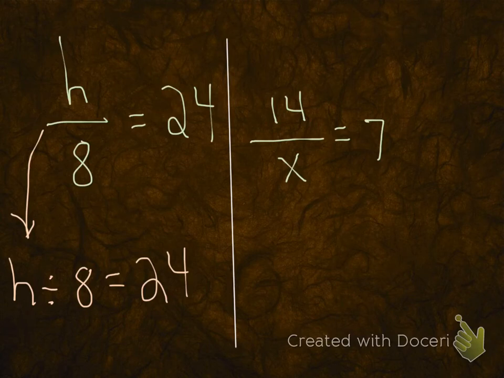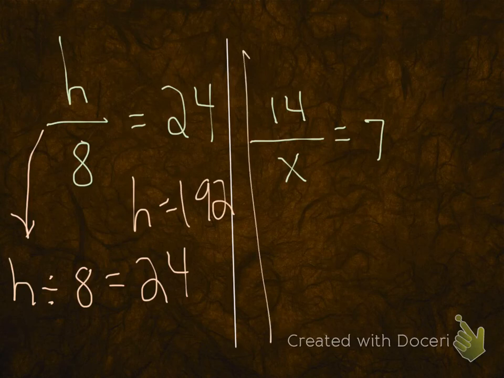Actually, I think I wrote this one a little differently than I wanted to, because this is going to be a huge number. It'd actually be h equals 192. Okay, that's a little more advanced than I wanted to do. Let's look at the second one instead. My bad.